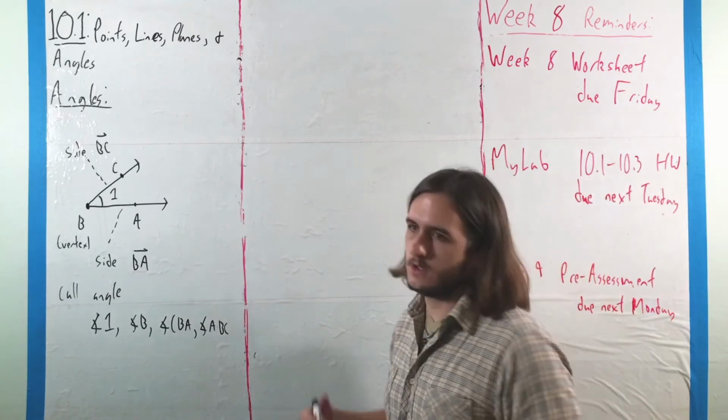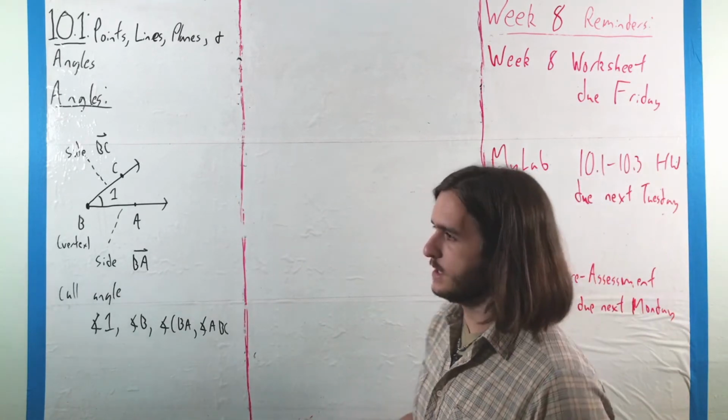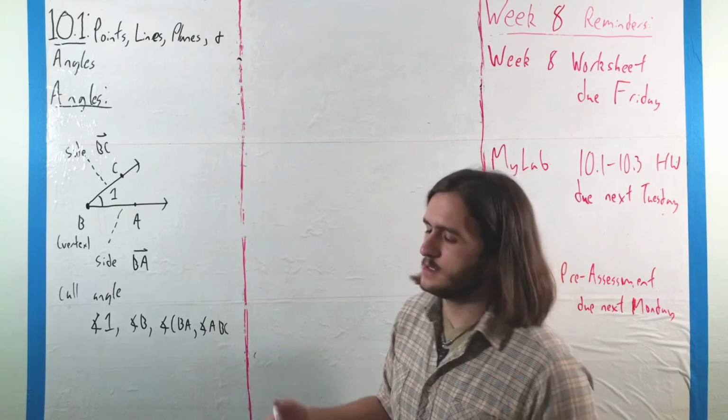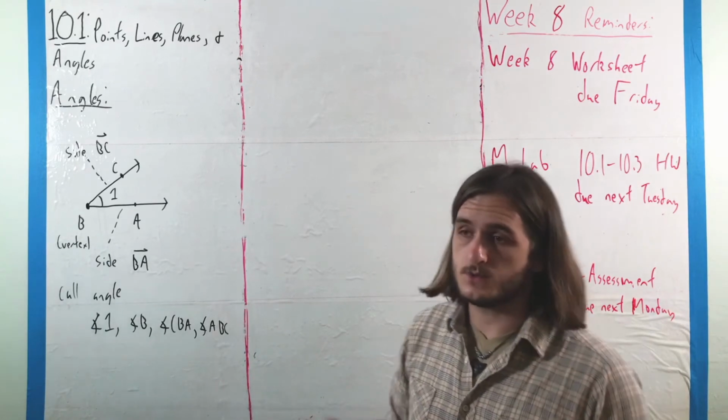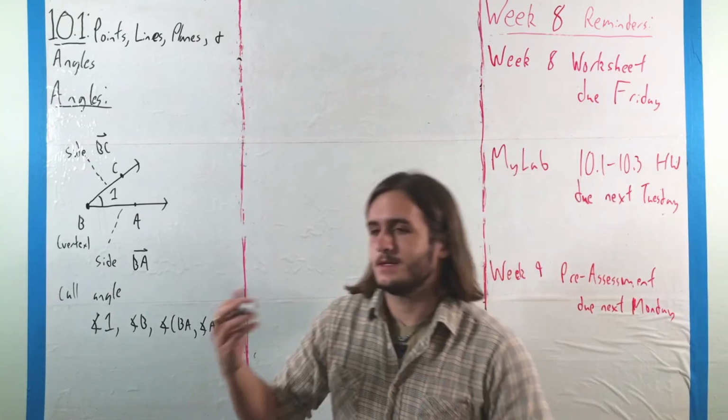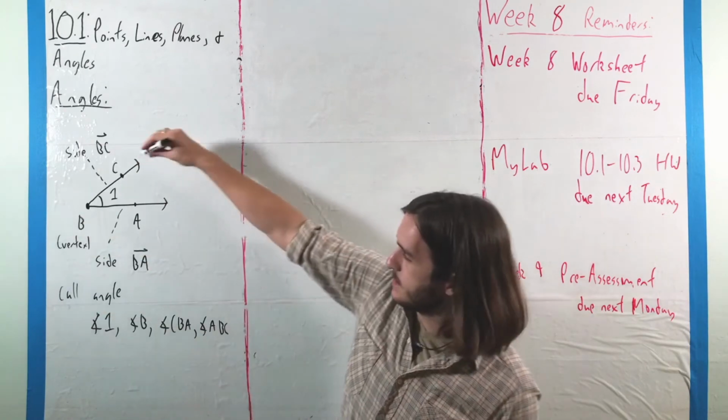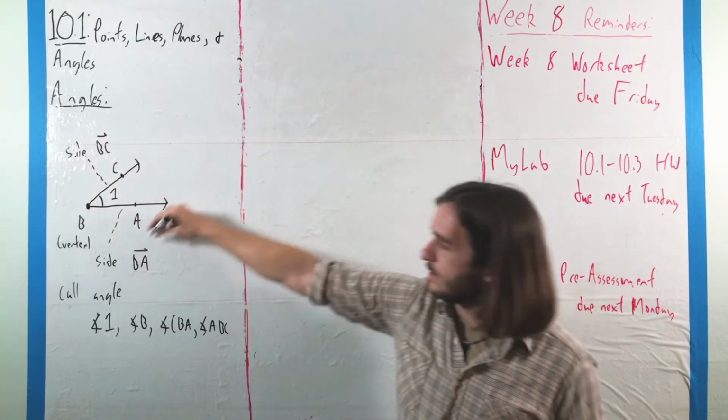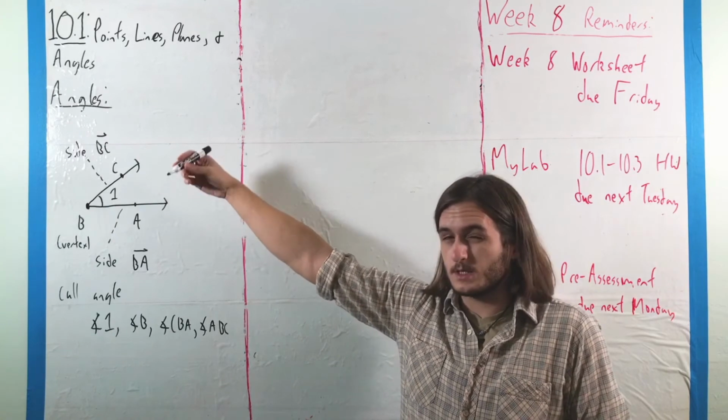Any of these works just fine for the type of thing we want, where then we can talk about the measure of this angle, and I'll show you what the notation for that looks like. When we're looking at these things, we are looking at values in terms of degrees, where if you take this and pull it all the way around, you could think of that as forming a circle.